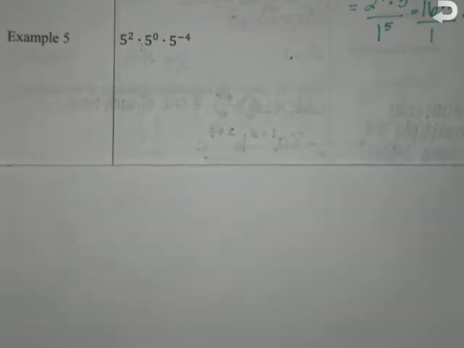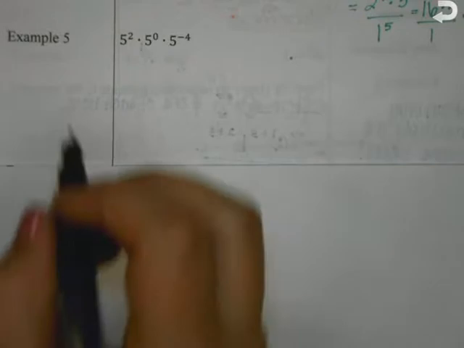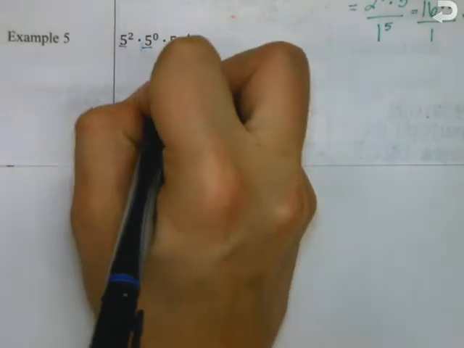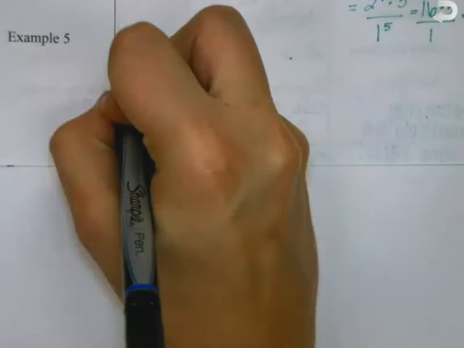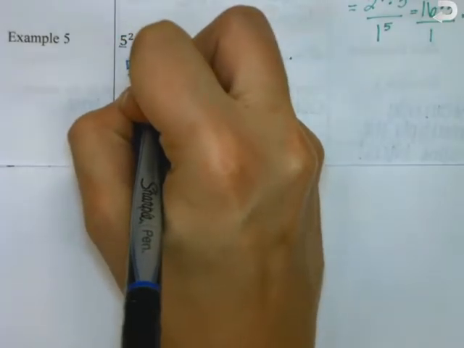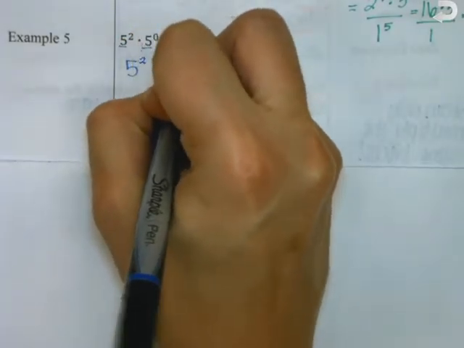Yeah, so we can combine these. What will I do with the exponents? Will I add or multiply or subtract? Add them. So this is going to be 5 to the second plus 0 minus 4, which gives me 5 to the negative 2.